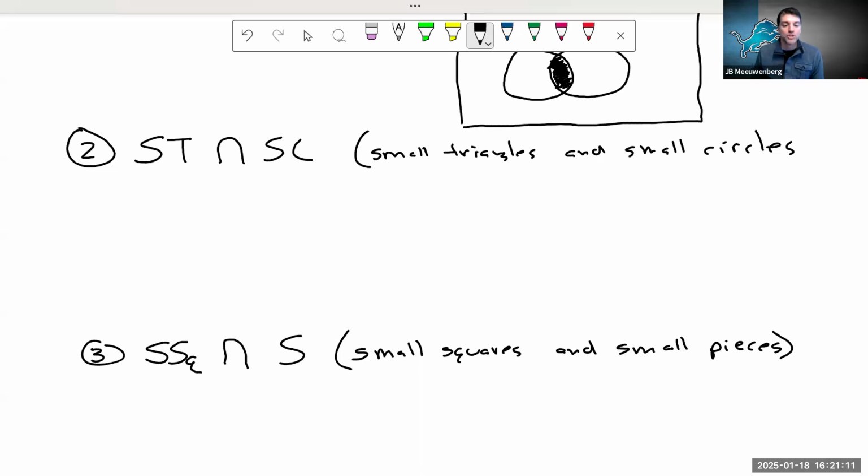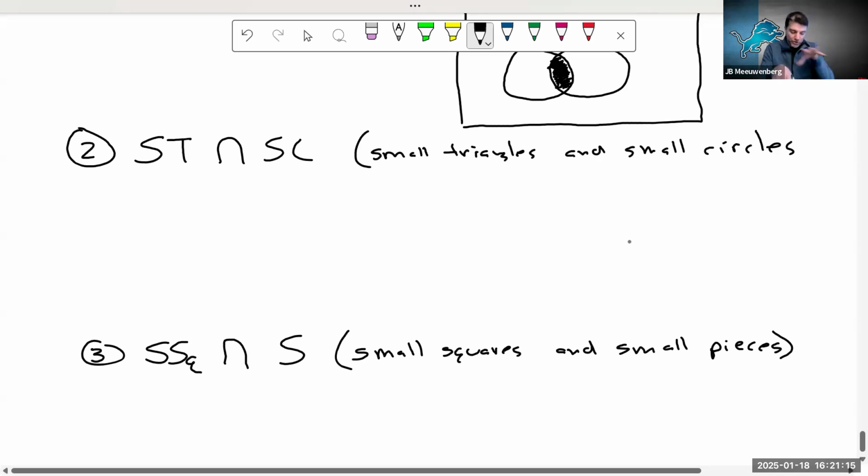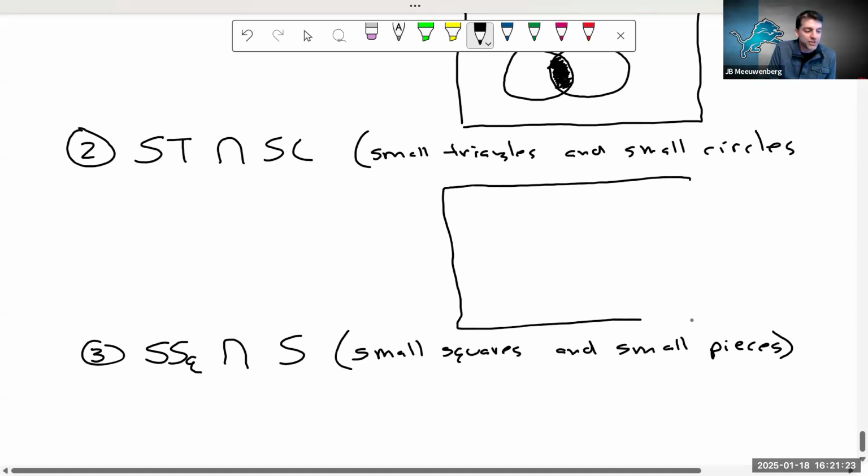Okay, so for number two, maybe you used your individual attributes to sketch this out. If so, that's great. What you maybe found when you sketched your diagram was that there were no common elements between small circles and small triangles. And so the circles themselves are completely separate.